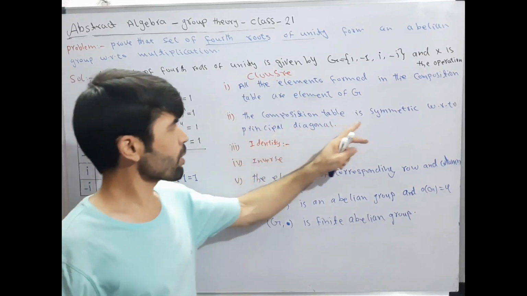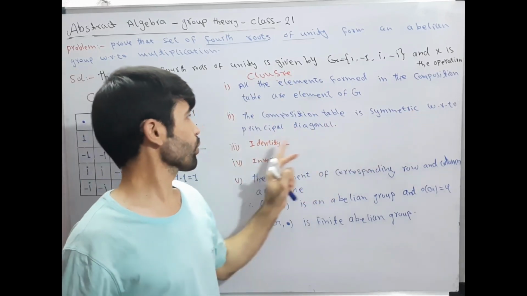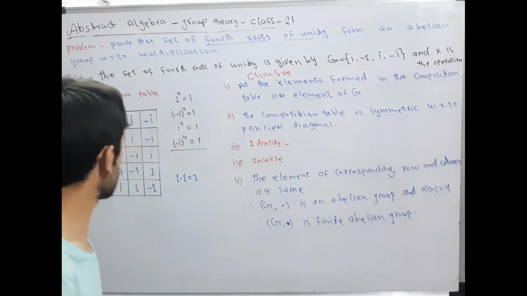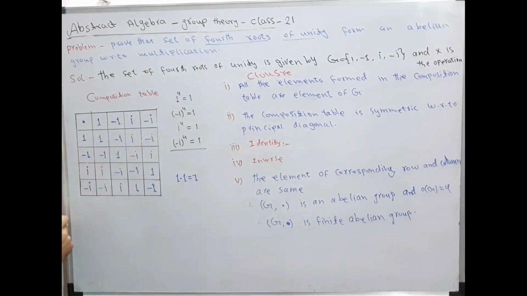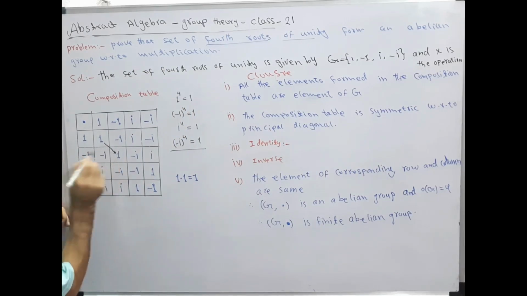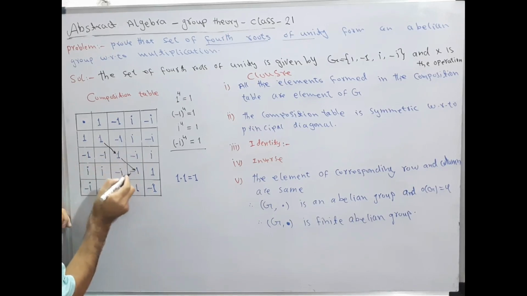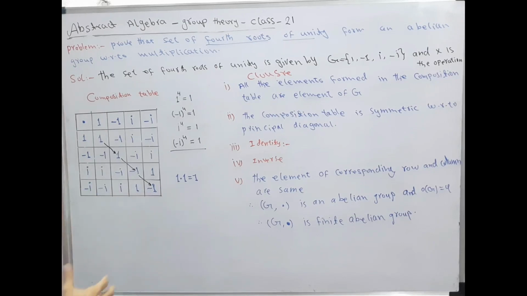The composition table is symmetric with respect to the principal diagonal. Here the diagonal has 1, -1, -1, 1.